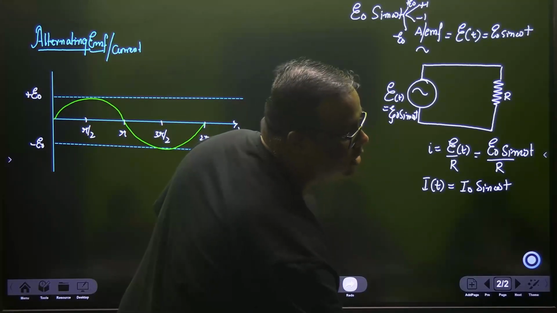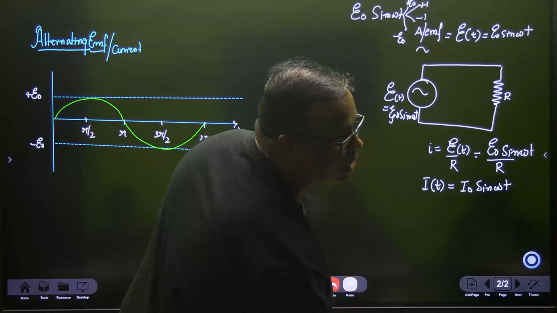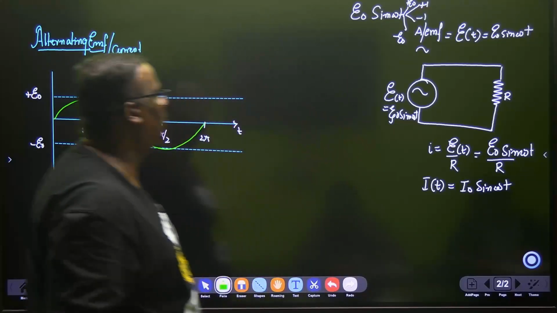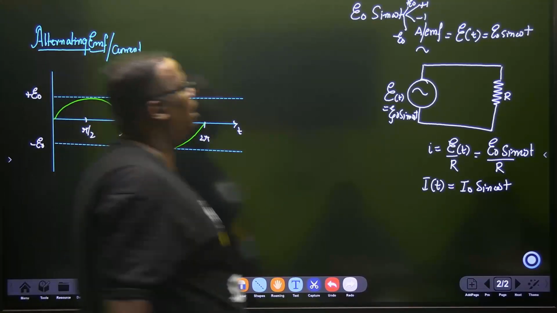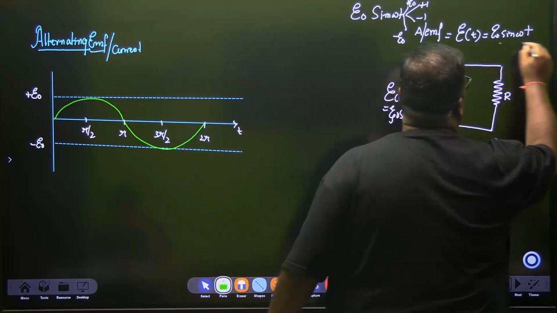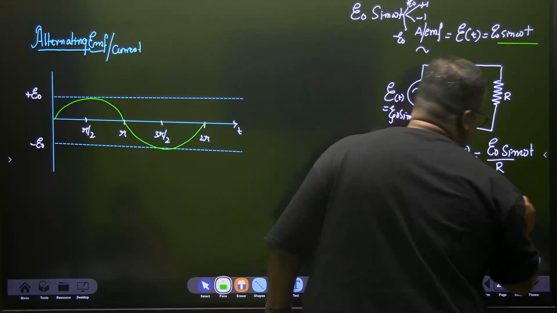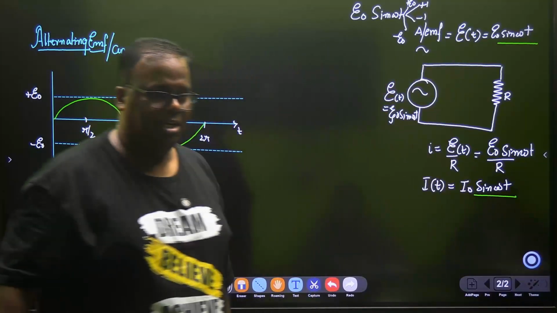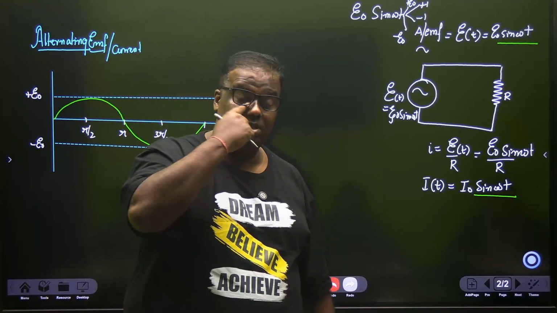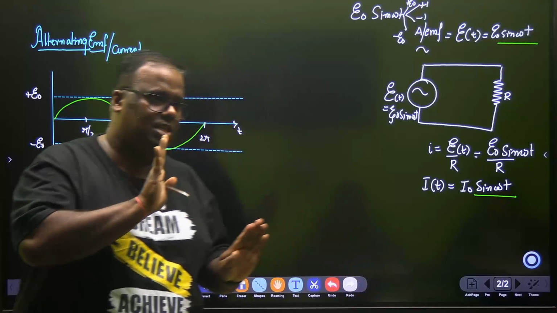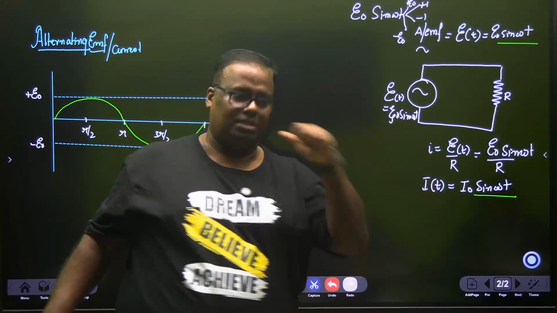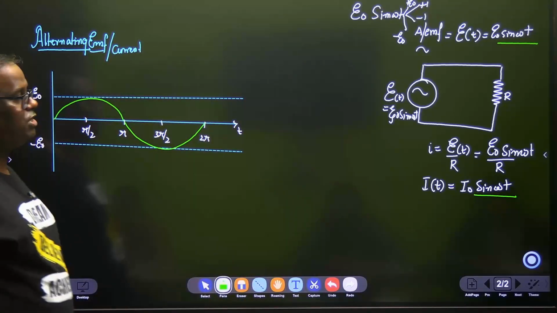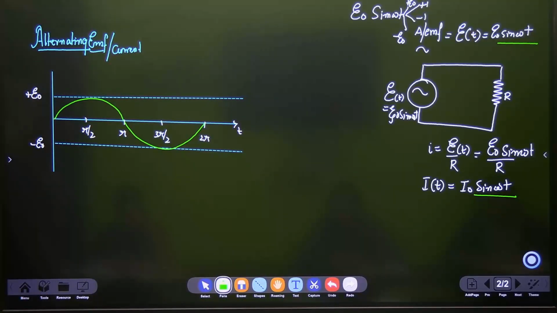Right? So now let's try to plot the current signal. The voltage signal is sine omega t. The current signal is also sine omega t. Such signals are said to be in the same phase. Same phase means they are going up and down together. But what should be the maximum value of the current? I naught.